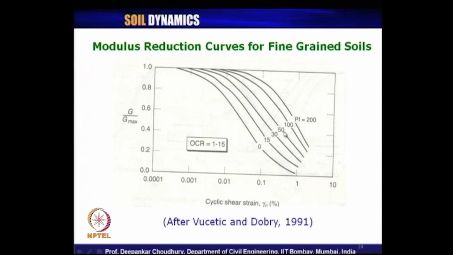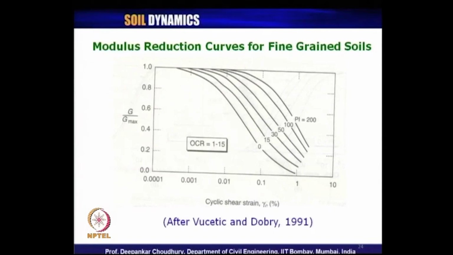What happens? They observed that for OCR value between 1 to 15, as the plasticity index increases for the soil, the variation will be like this. But remember, I am quoting here the observations by Vucetich and Dobry in 1991 through their lab test. Do not consider any particular test as universal truth.